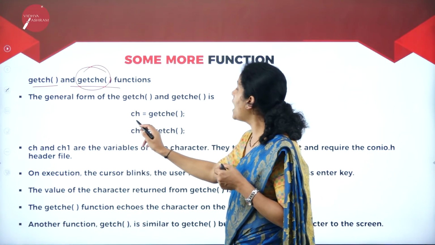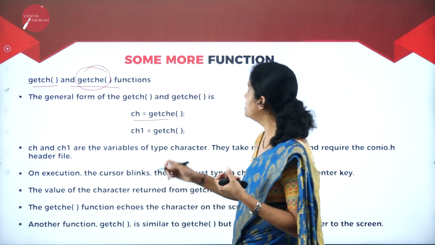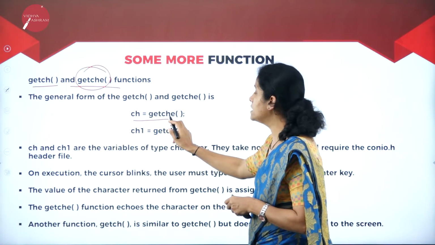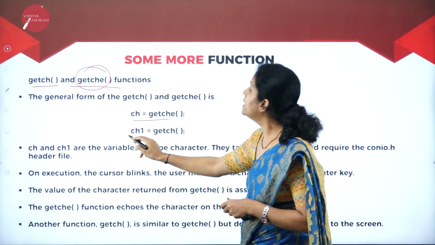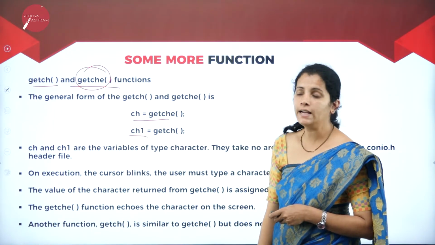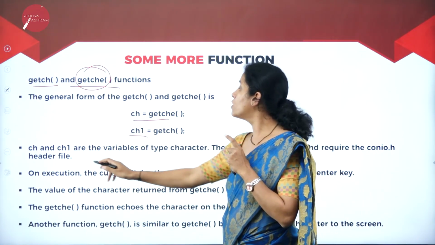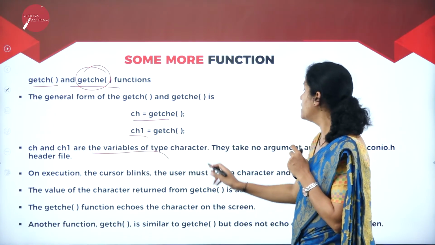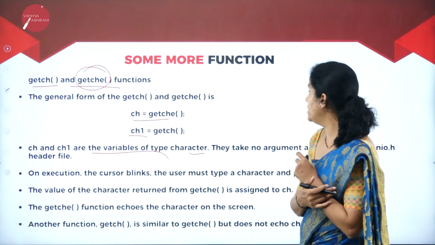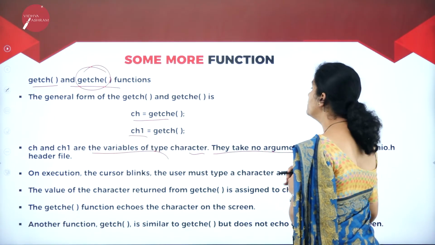Initially, I'm going to have ch, of type character, and I'm going to call getche. And I'm going to take another variable ch1, and call the function getch. So here ch and ch1 are variables of type character, and they take no argument.